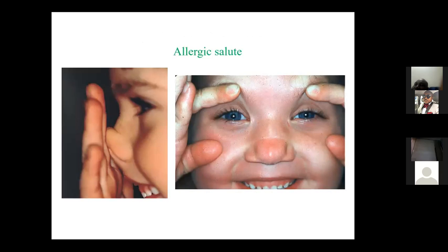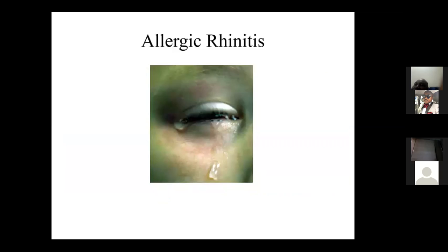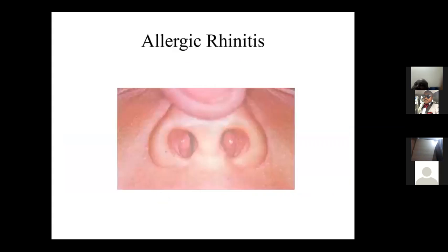From the picture here, you see the transverse crease when the patient keeps rubbing the nose. These are some examples. This is the nasal mucosa becoming pinkish or reddish, as the case may be.